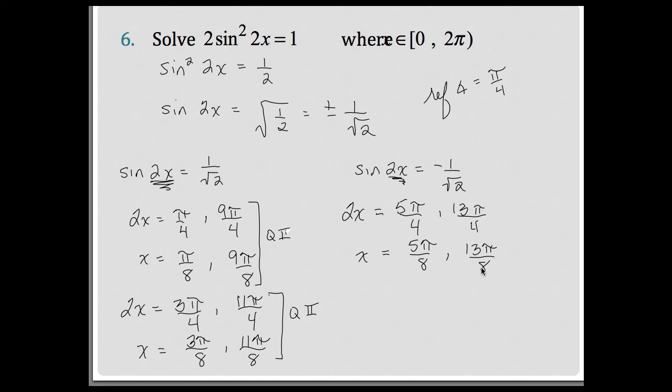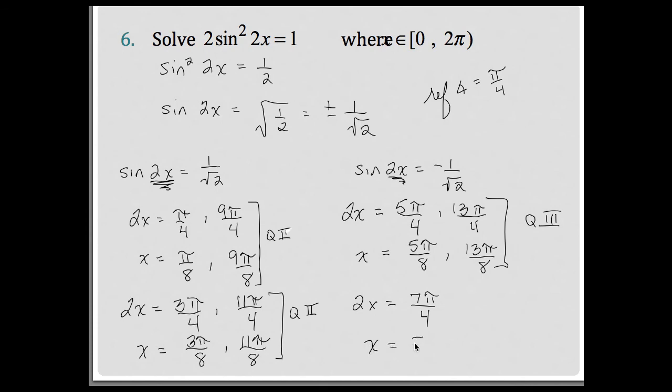And the reason you're having to do this is because, again, remember what you're trying to find. You're trying to find all values of x in between 0 and 2 pi where this relationship will work out. So these are the answers from being in the third quadrant with your angle. All right, so now we got fourth quadrant. So using that pi over 4 as your reference angle, going into the fourth quadrant, that's 7 pi over 4.